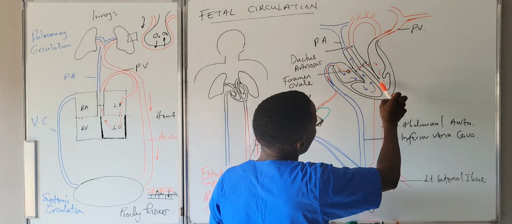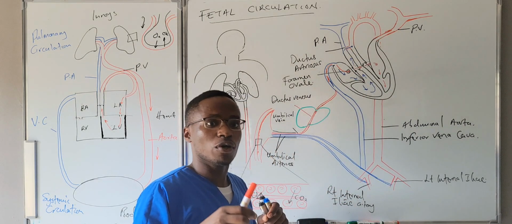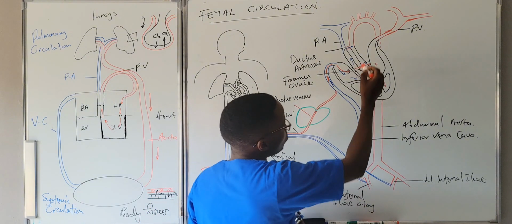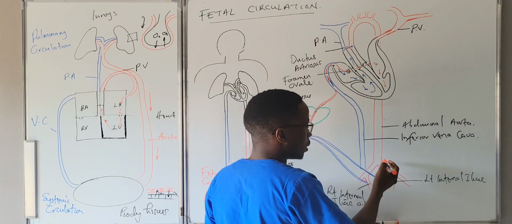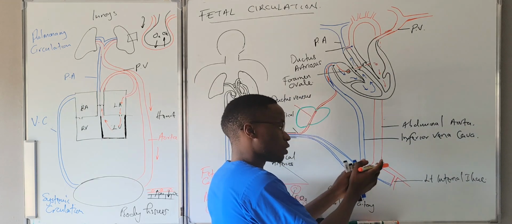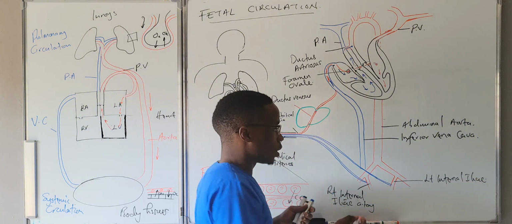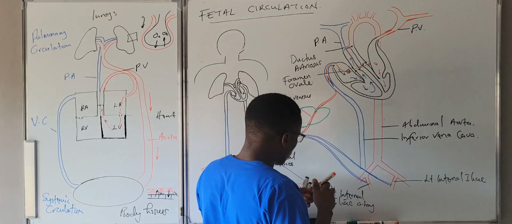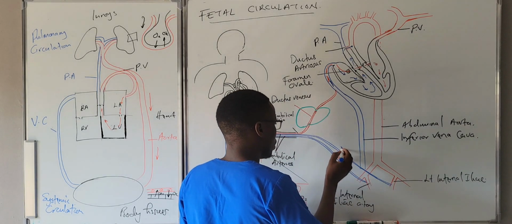So that's how we're going to end up having, in this same aorta, oxygenated blood and deoxygenated blood. When blood is coming down into the abdominal aorta and so on, some of the blood will continue and go to the body tissues, and then some of it will go to the placenta through the umbilical arteries.